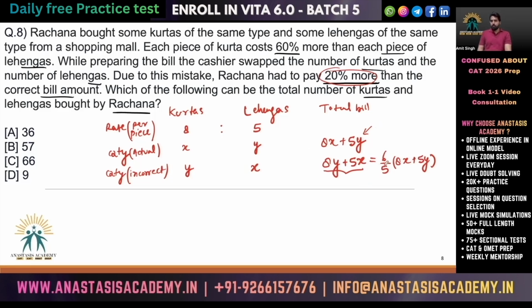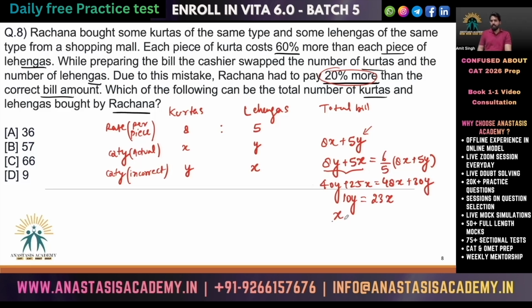Okay, so if I cross multiply, I get 40y plus 25x is equal to 48x plus 30y. If I take x to one side and y to the other side, I get 10y is equal to 48 minus 25, that is 23x.